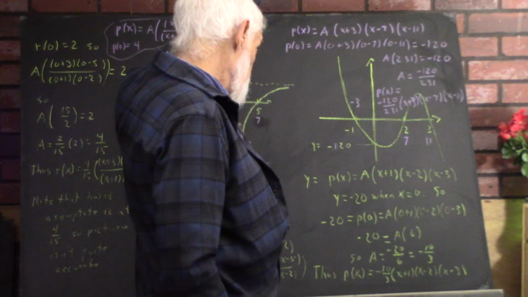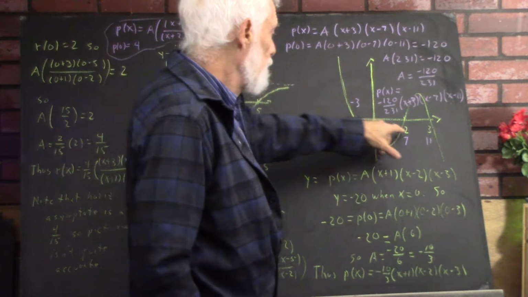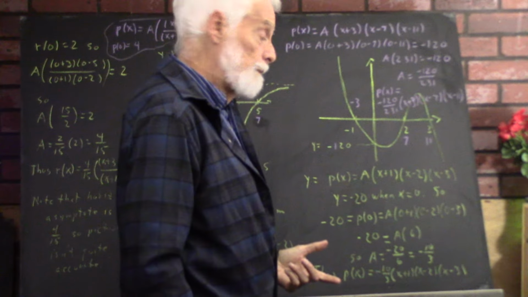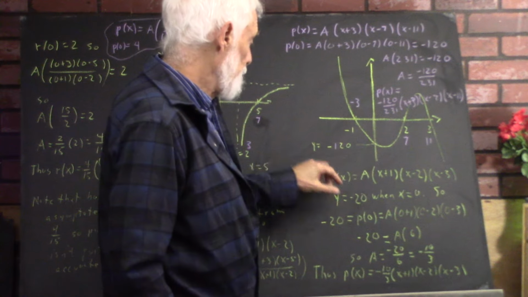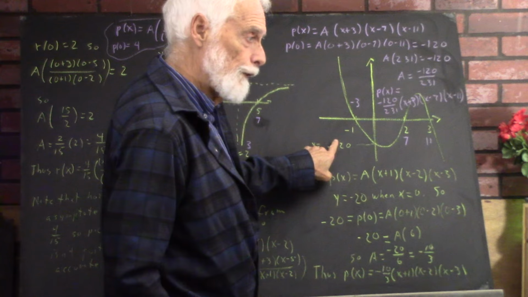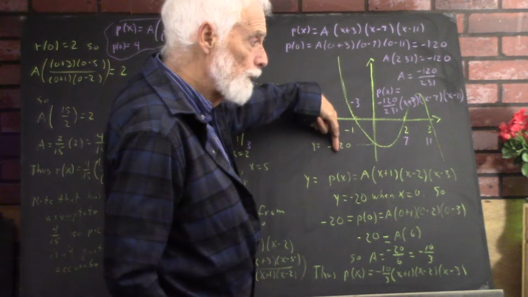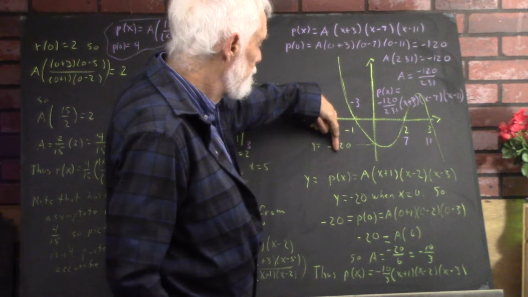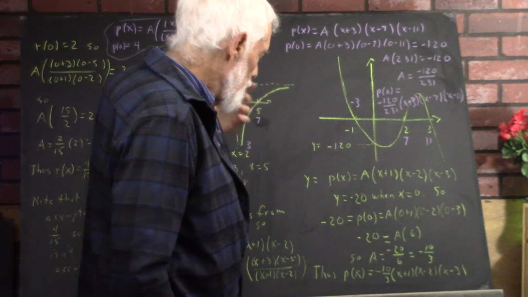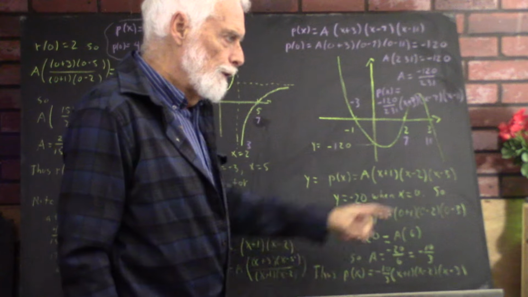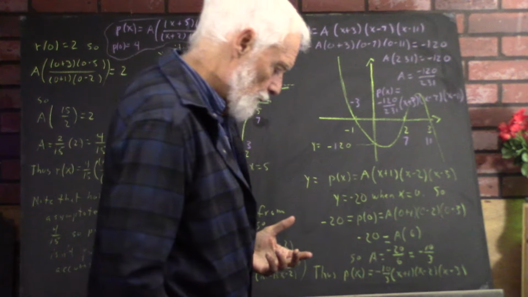Now, the numbers that we started with were again the -1, 2, and 3 on this polynomial, and y was equal to -20. I didn't have that 1 inserted there, okay, so y is -20. With that information, we write down what this polynomial could be, at least in one form.